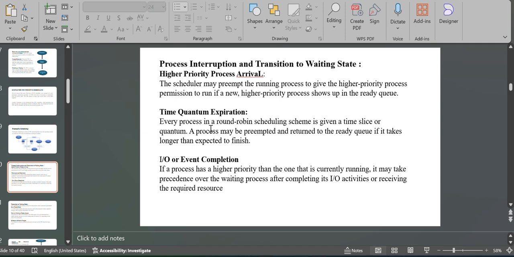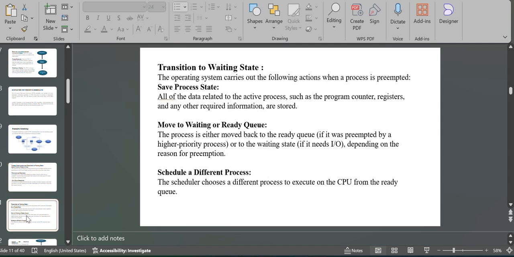A process may be preempted and returned to the ready queue if it takes longer than expected to finish. Input or output event completion: if a process has a higher priority than one that is currently running, it may take precedence over the running process after completing its I/O activities or receiving the required resources.